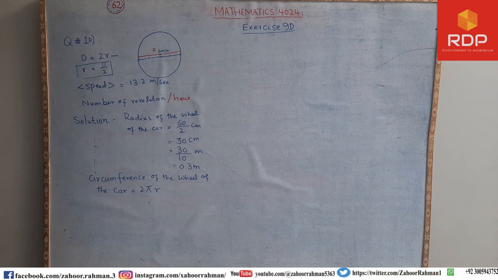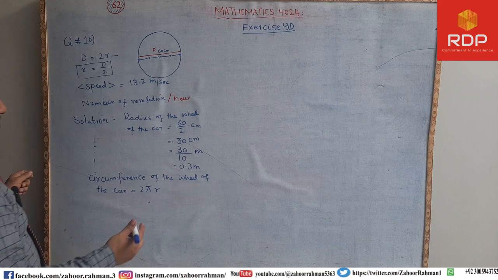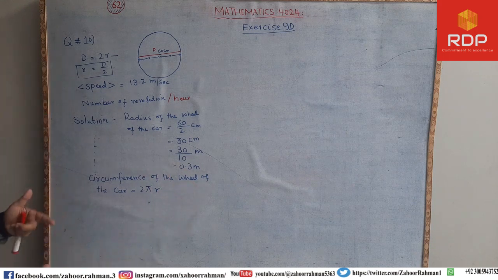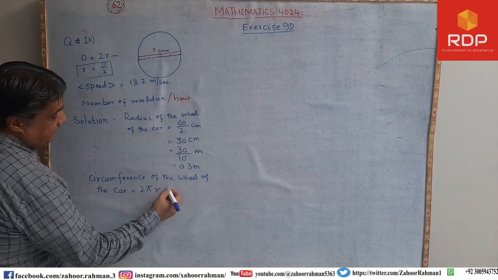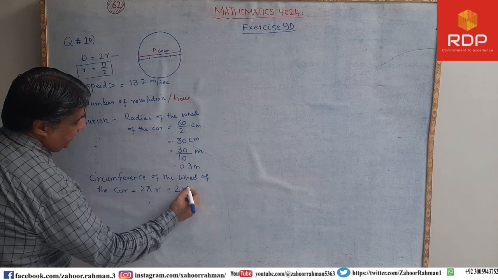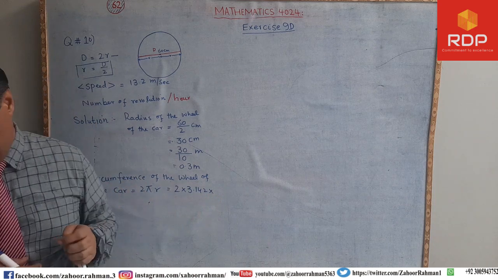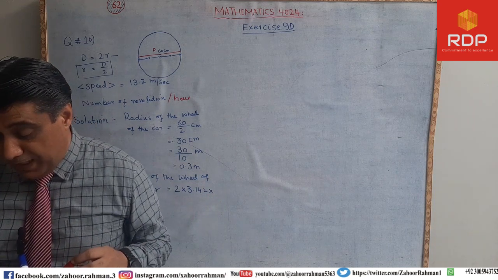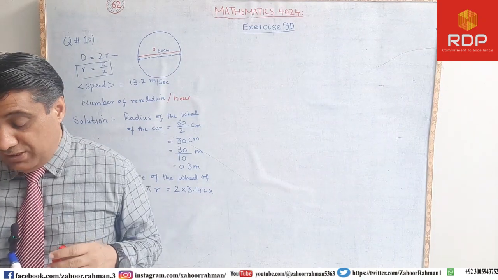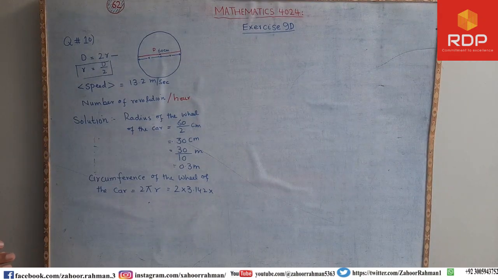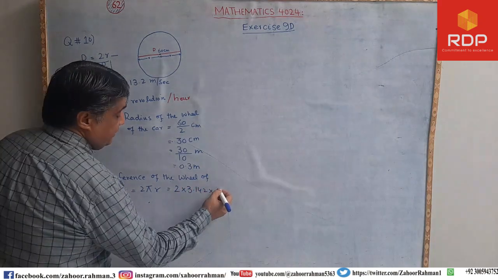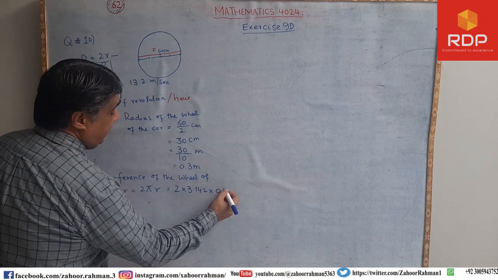The area of a circle is pi r square, so the area is pi r square, and this is the circumference. So we have to put the value 2 into 3.142. It is given in the question that we take pi to be 3.142, and according to that we took the value of pi.